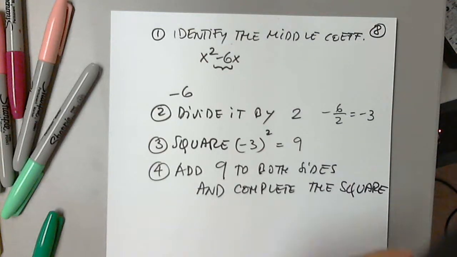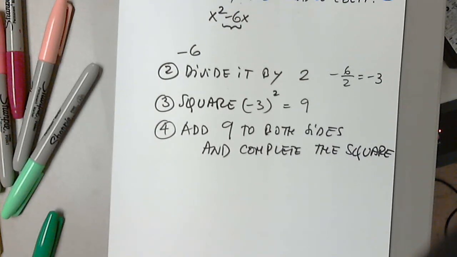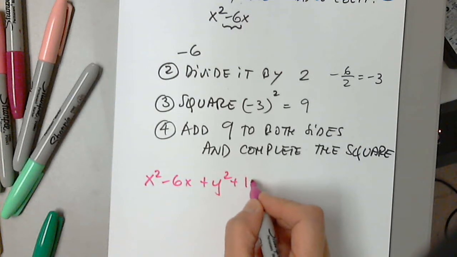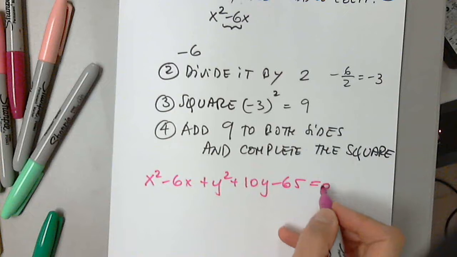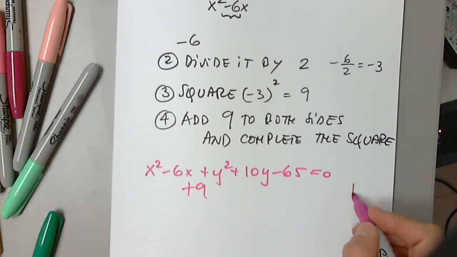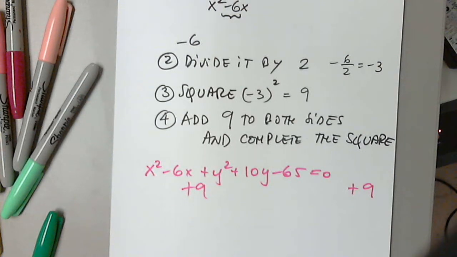So going back to the equation, I'm going to copy it here one more time. We're going to add 9 to both sides. Adding 9 to both sides of an equation does not change the equation or the solutions.